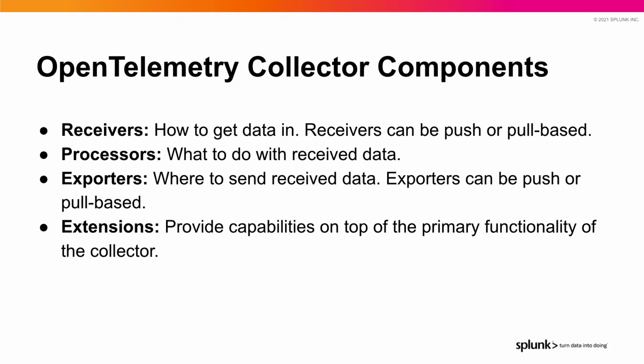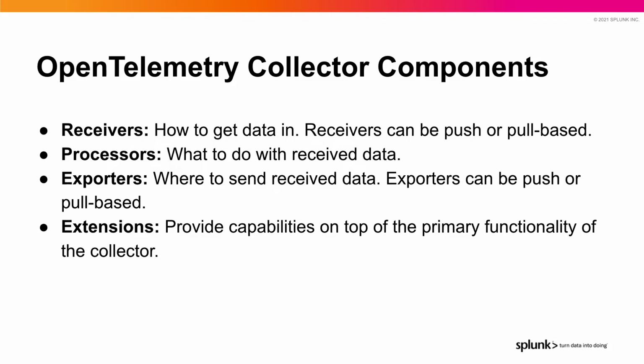Now, the OpenTelemetry collector components include receivers, processors, exporters, and extensions. Receivers are really about how you're going to get that telemetry data in, and receivers can be push or pull based. Processors, which we're really going to focus on here, are what we do with received data.